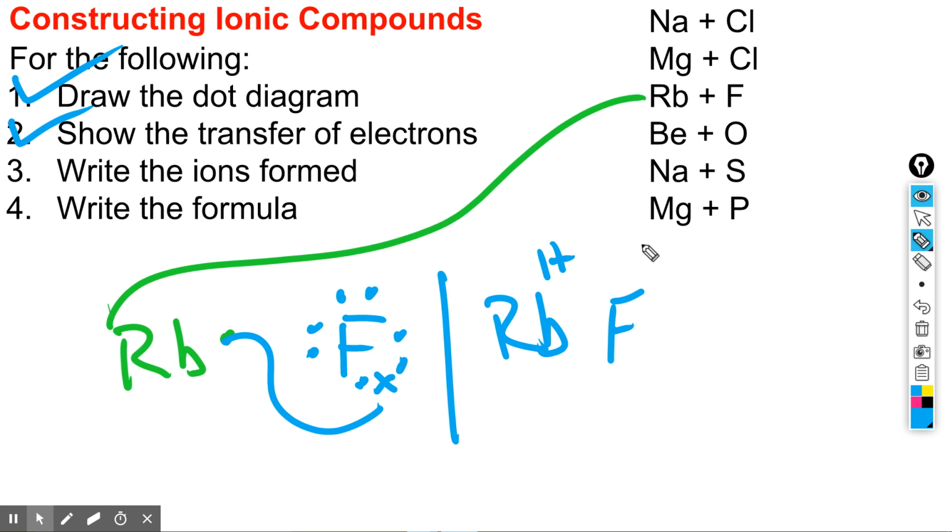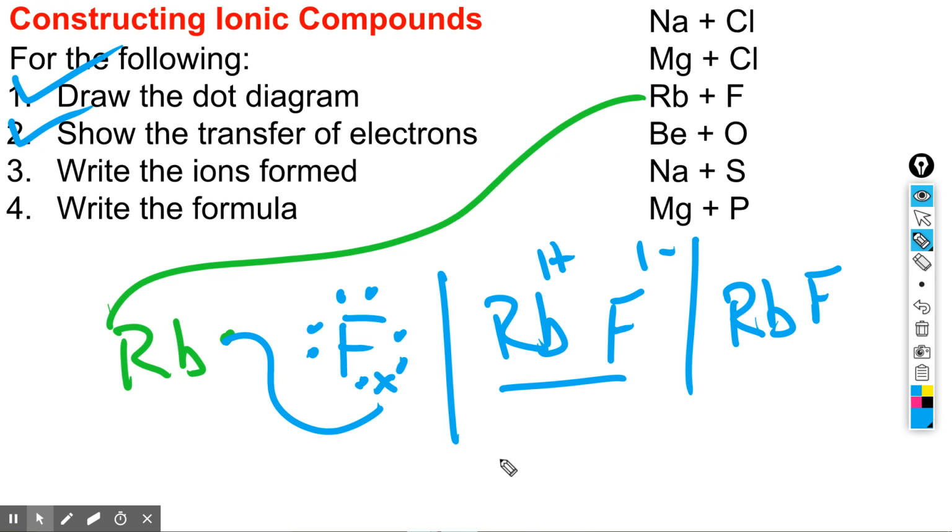Fluorine got 1 more electron, so it's 1 minus. Write the formula. They were happy with 1 of each. RbF. They both have a full outer shell, and it is rubidium fluoride. Rubidium fluoride is the name for step number 5. That's what you would name it.